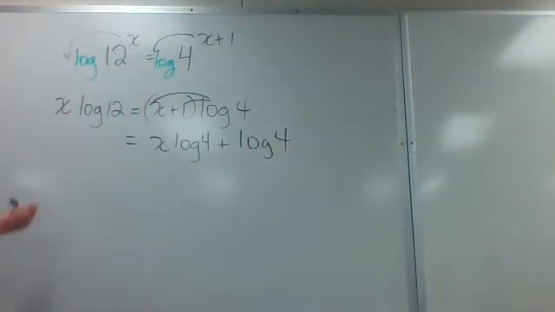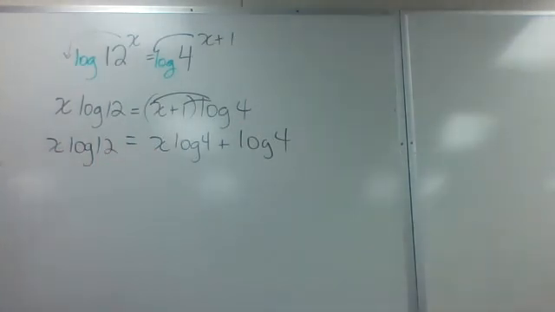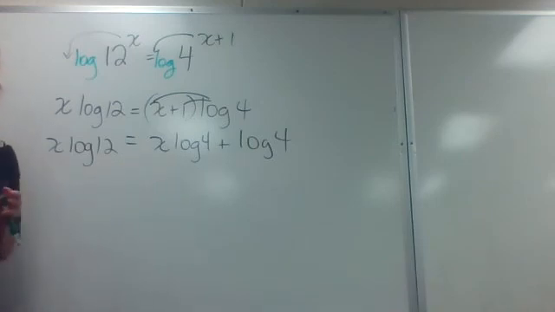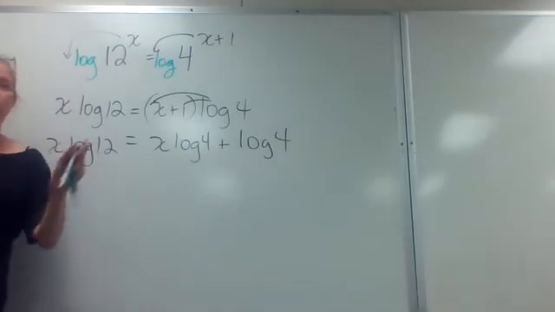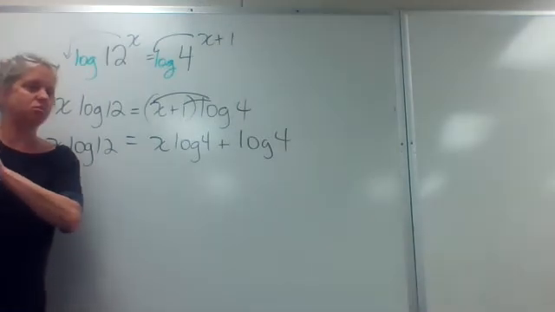Let's bring the left side down. X log 12. Now, my x is what I'm trying to get by itself. It's in 2 separate terms that are not like terms, so I can't put them together. But I do want them on the same side as each other, right? Because once I put them on the same side, I'll be able to pull the x out.